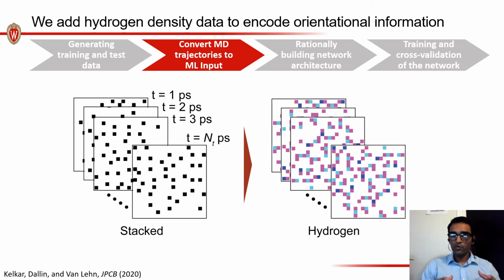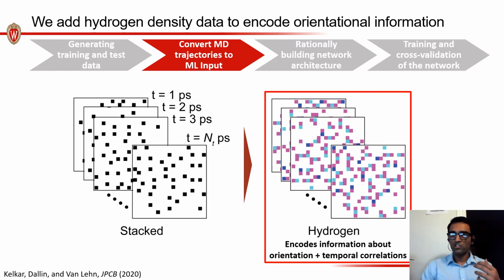One more thing that we can do is, instead of just stacking things together, we can stack these frames together as well as add another channel of information. So what we also did was, to this oxygen density, we also added a channel of hydrogen density, and this representation is something we call the hydrogen representation, which also encodes information about orientation as well as temporal correlations.